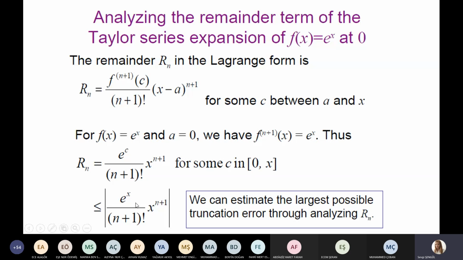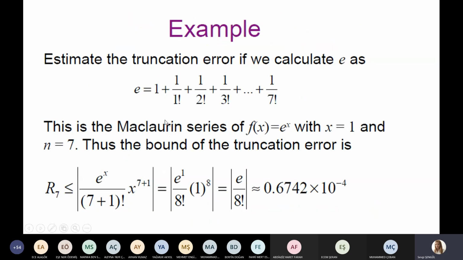For example, for the exponential function, it will be e to the x over (n plus 1) factorial, times x to the n plus 1, and n depends on how many terms you are going to take. Let's look at this example. For example, for e to the 1, you can think that, okay, I will take only the 8th term. Okay? So up until n equals 7, we will take it. So the bound of the truncation error will be e to the x over 8 factorial, times x to the 7 plus 1, which is 8.